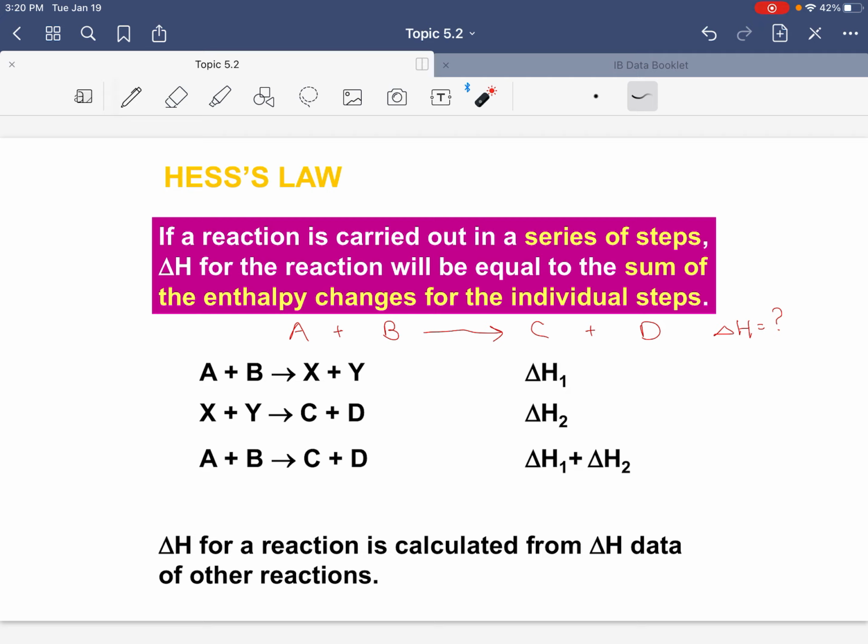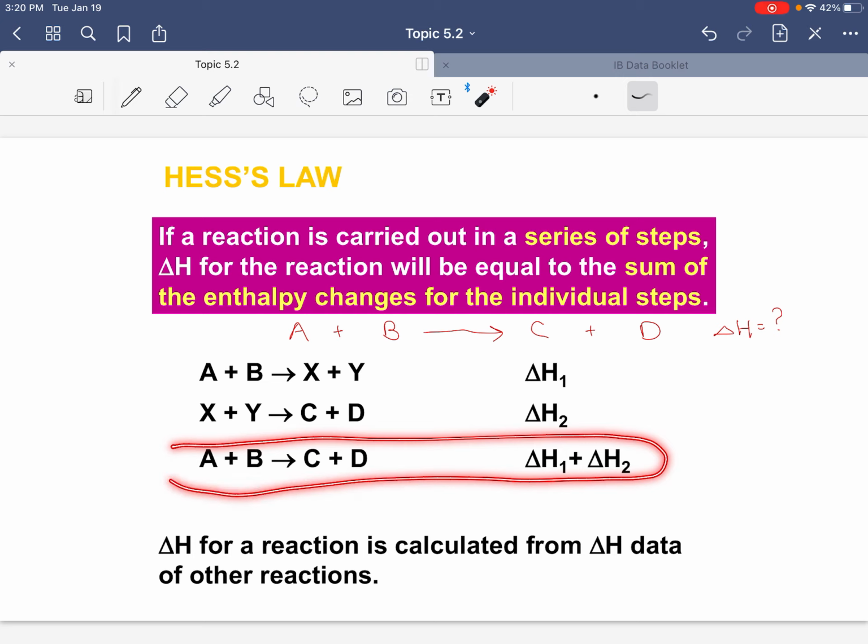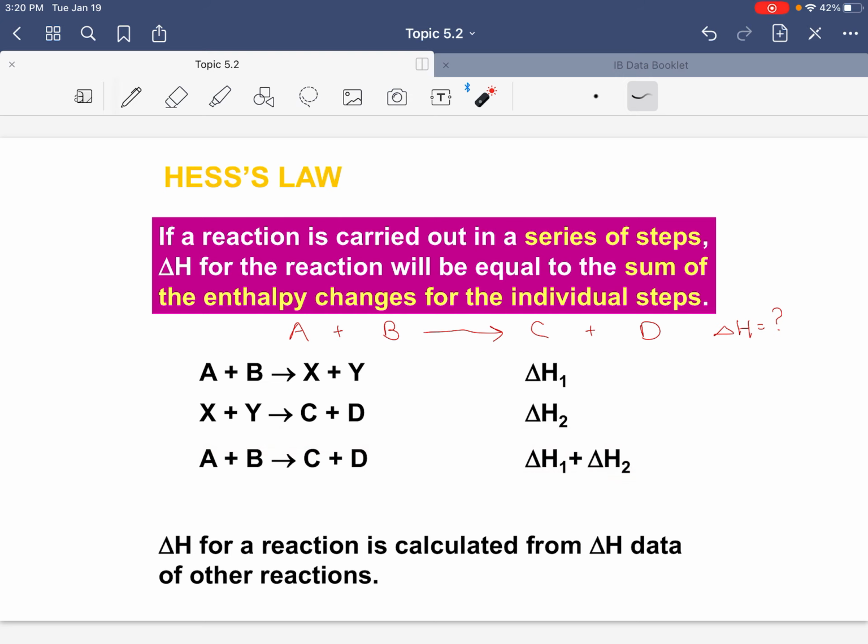Let's call it delta H2. The sum of the two steps will equal the delta H that you wanted. Hence, this guy right here. So A plus B gives you C plus D is the sum of the two delta H's of the intermediate steps. That's exactly how it works.